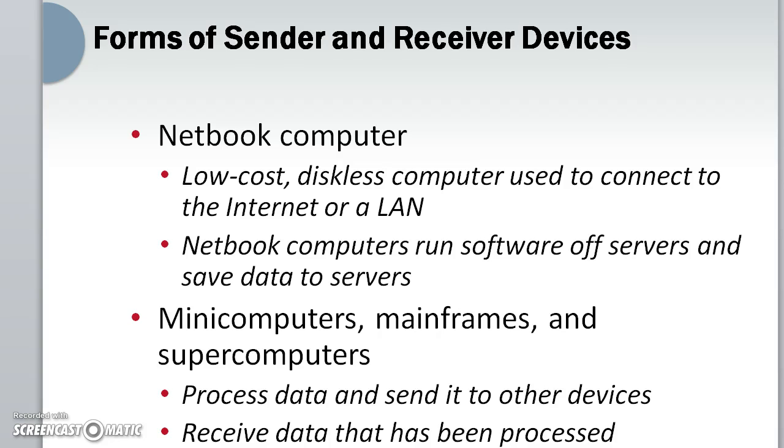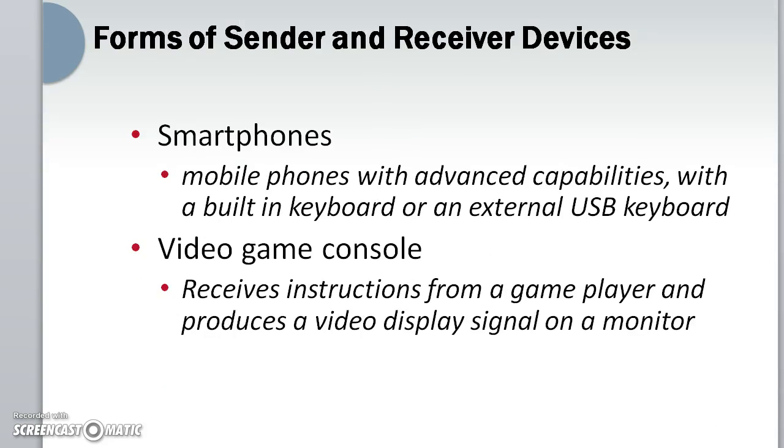Microcomputers, mainframes, and supercomputers process data and send it to other devices, or receive data that has been processed elsewhere, process it, and then transmit it to the other devices. And finally, smartphones and mobile phones and PDAs, and also game consoles.